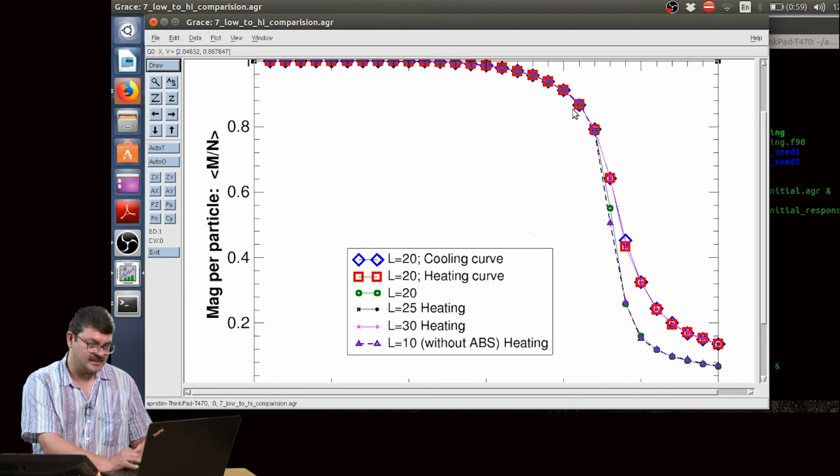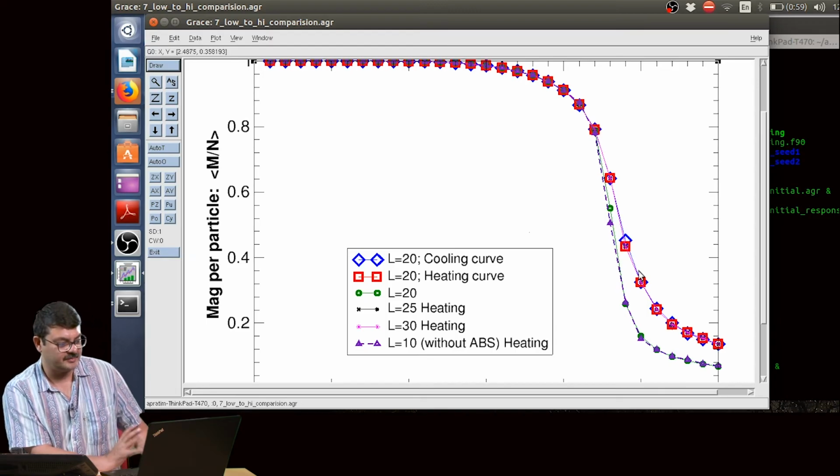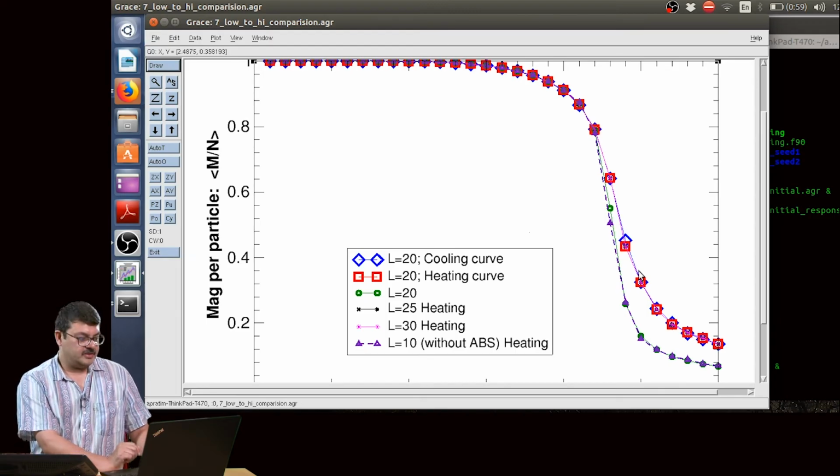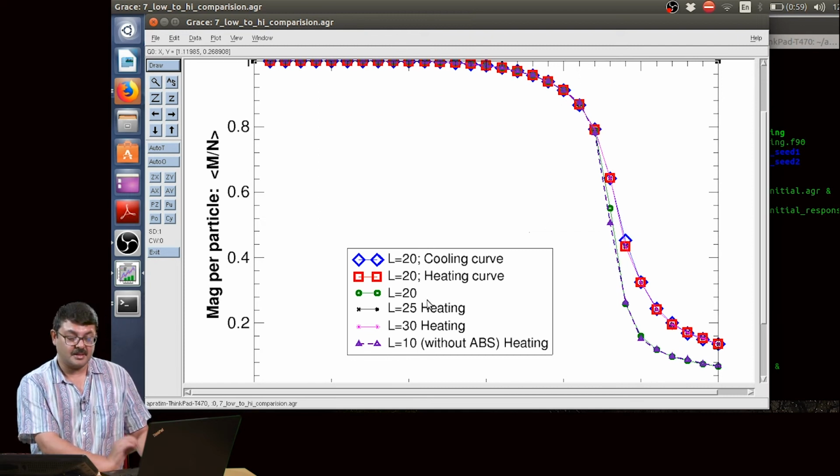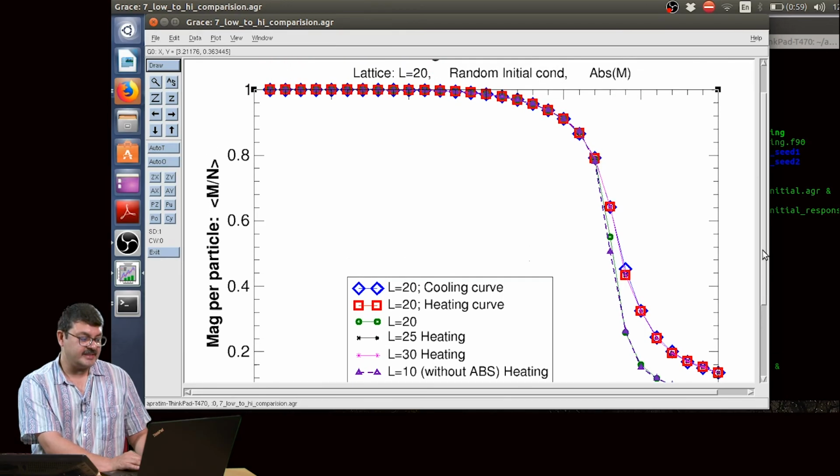You see that here, most of the time, they are falling on top of each other. This is the cooling curve, this is the heating curve with a different random number sequence, and you see that you get statistically similar data.